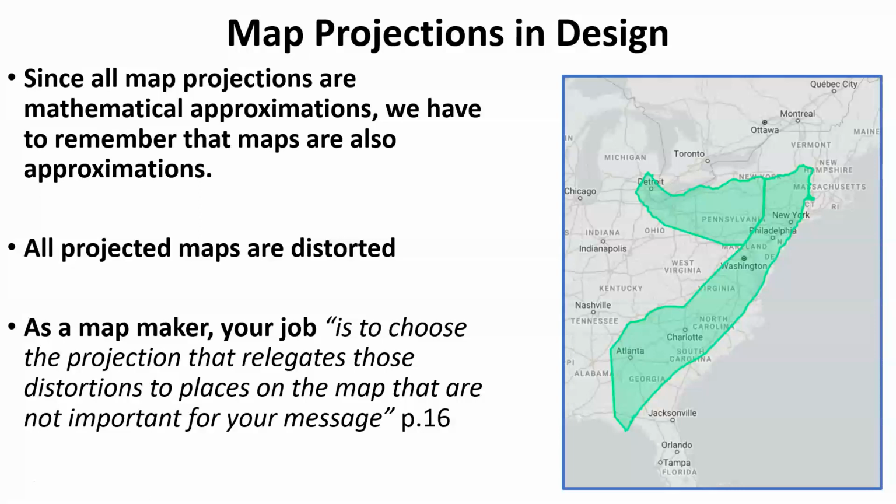So all maps that are projected are distorted, because we are trying to turn a three-dimensional object into a two-dimensional surface. As a map maker, your job is to choose a projection that relegates those distortions to places on the map that are not important for your message.